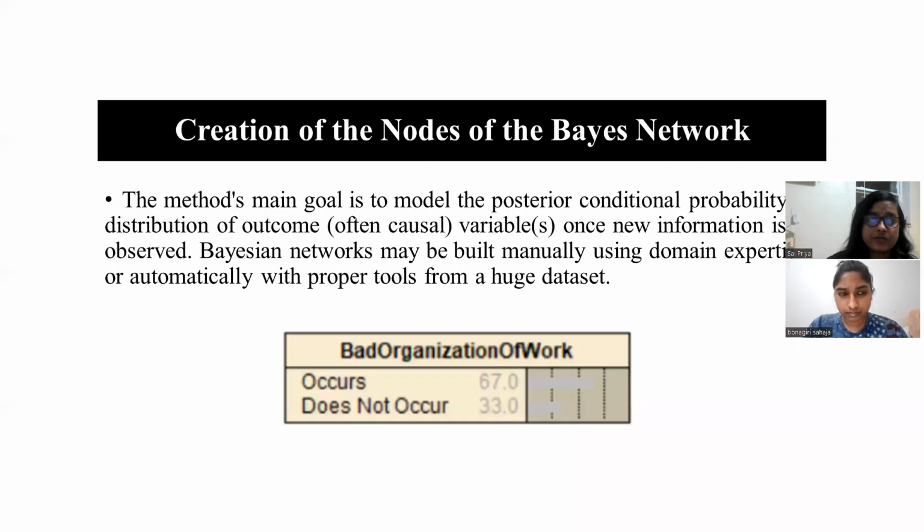Coming to the creation of nodes of Bayes networks. Bayes networks are perfect for forecasting the chance of any one of numerous potential events to occur. In this network, for example, might be used to illustrate the probability between illness and symptoms.